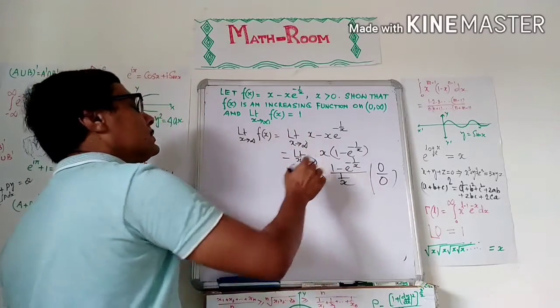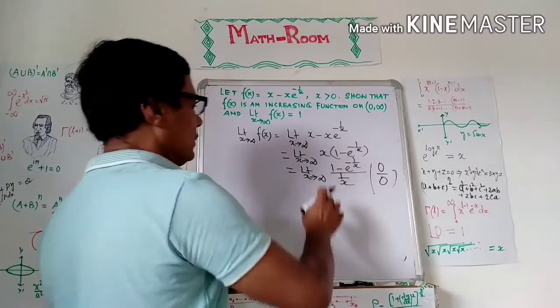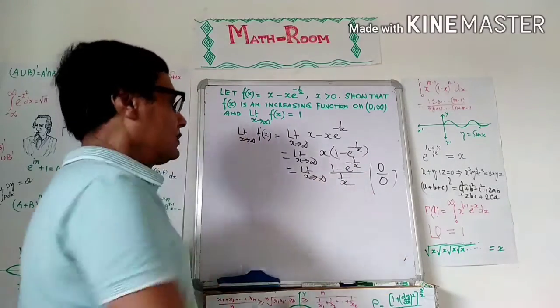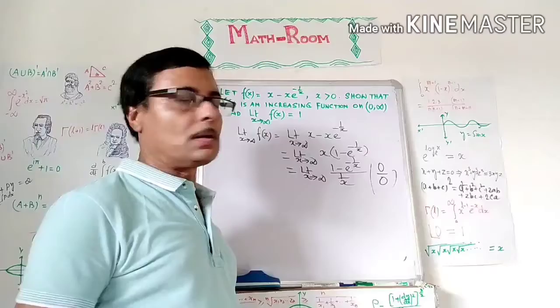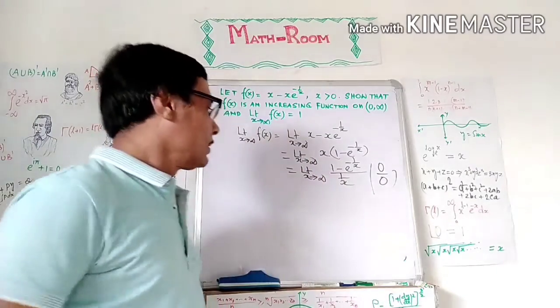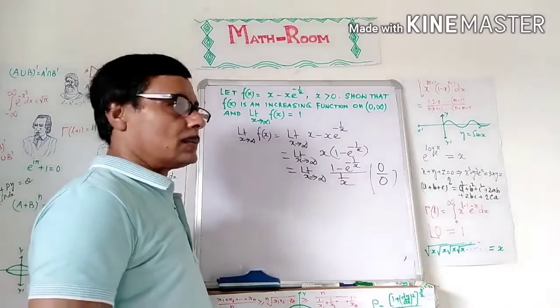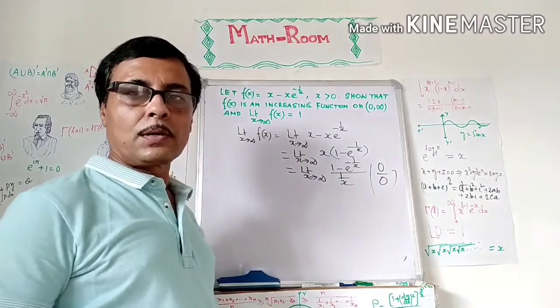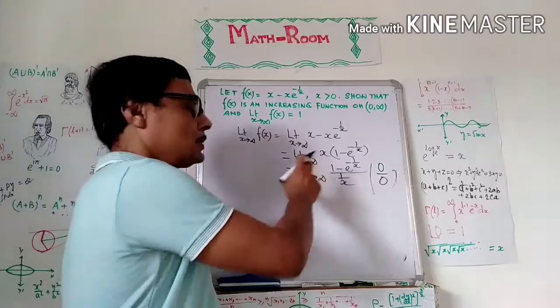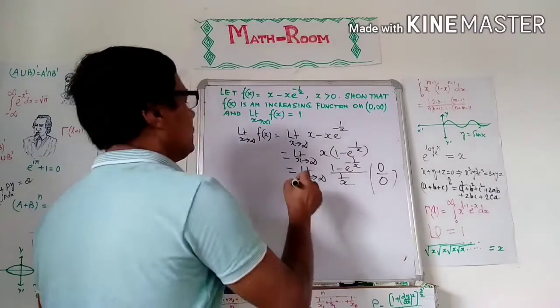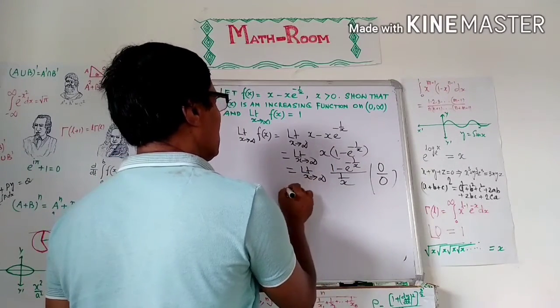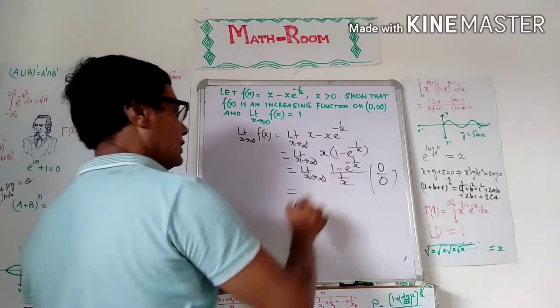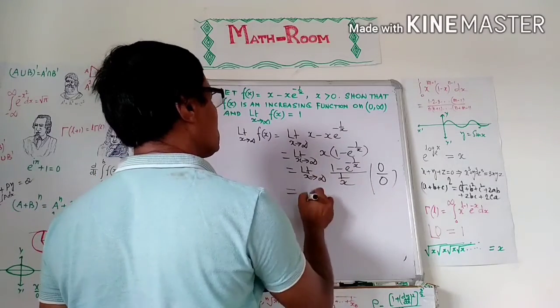To use L'Hospital rule, we have to differentiate both numerator and denominator with respect to x. This is the L'Hospital rule. So we shall differentiate numerator and denominator with respect to x.